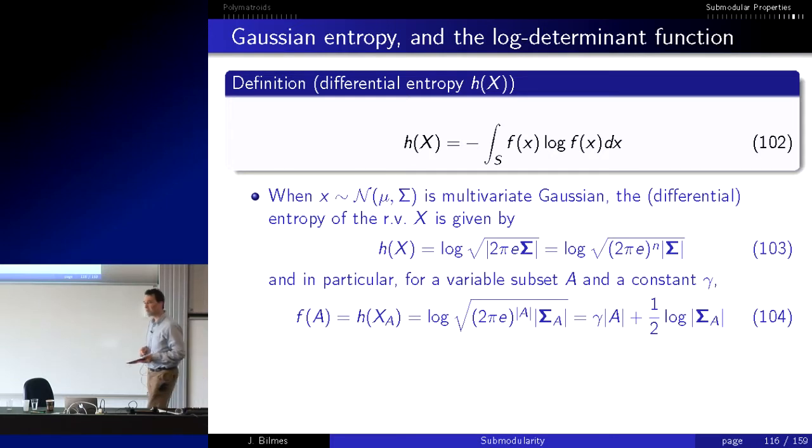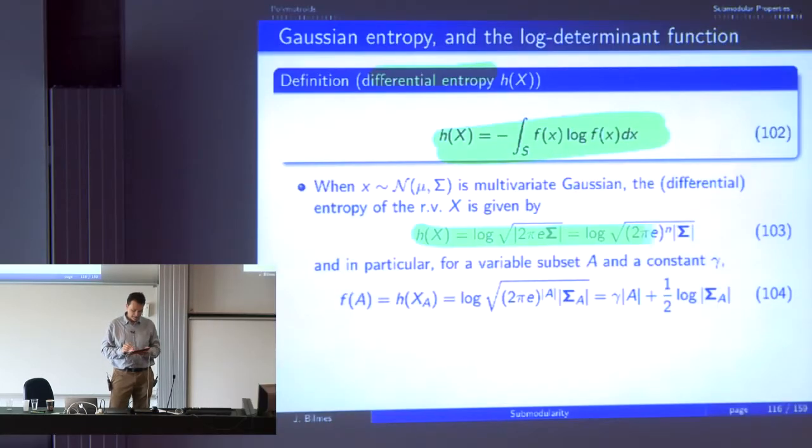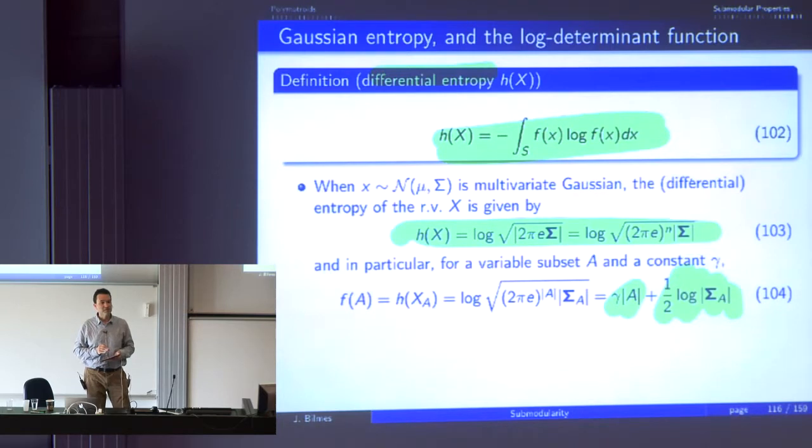But there's also the continuous entropy, or what's sometimes called the differential entropy. And the differential entropy is where instead of a sum, you have an integral. And if f is a Gaussian density function, then it turns out that the continuous entropy basically has this form, which you can write as a modular function plus a log determinant of a positive definite matrix.